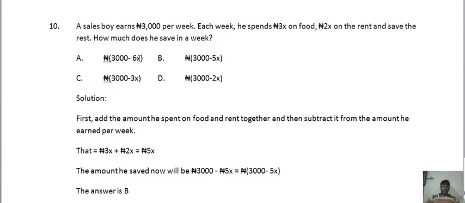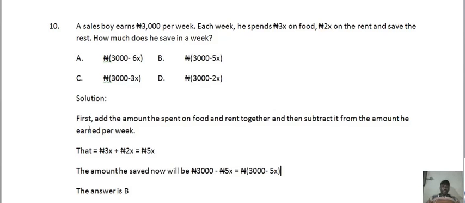It is not possible to subtract it because this is just a letter. 3x means x plus x plus x, and 2x means x plus x, and 3,000 naira is a value. We cannot subtract letters from a value which is money. So the only option we have is to leave it in this manner. That is why the options are written in this manner. So let's look at the solution now.